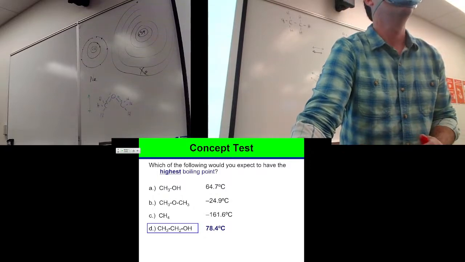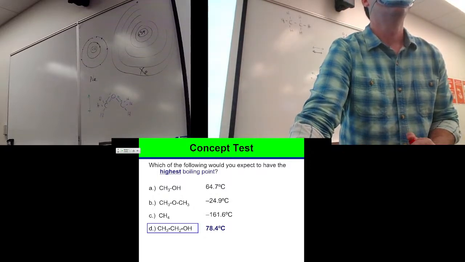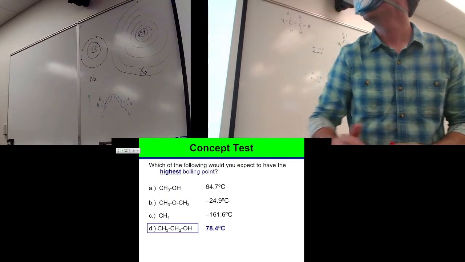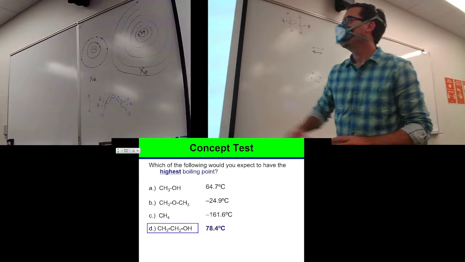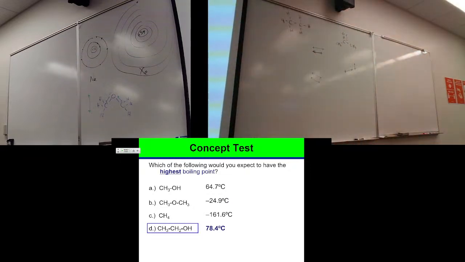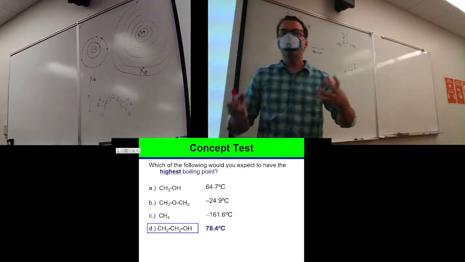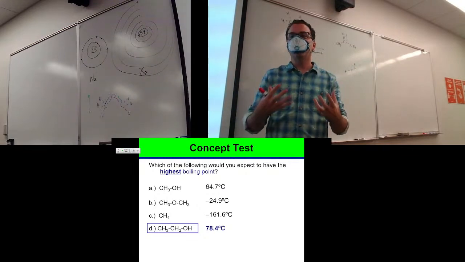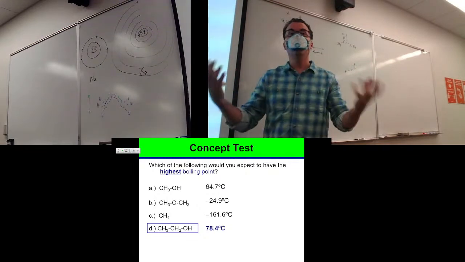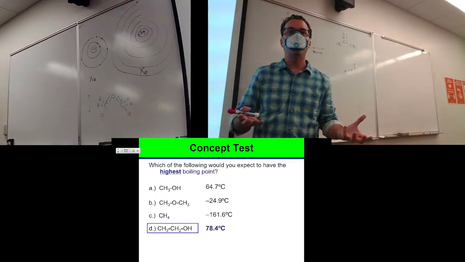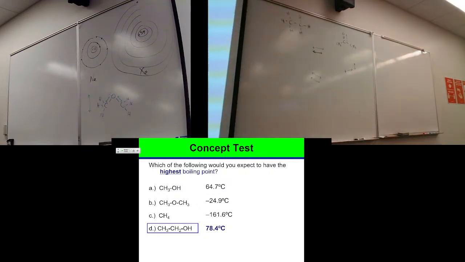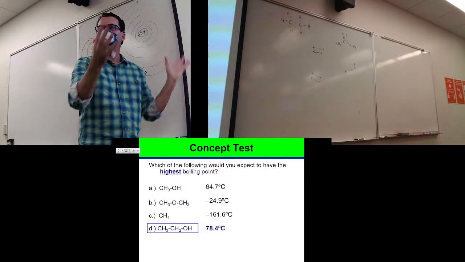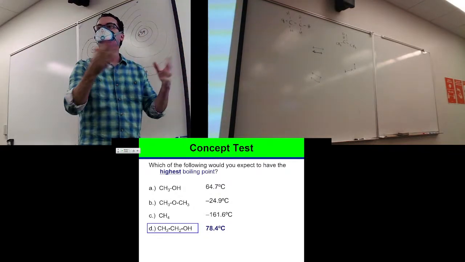Yes? Just wondering if the difference in boiling point there is due to molecular weight, because they're both doing hydrogen bonding, right? Oh, these two? Well, think of the molecular weight as a clue. Yeah, so the higher the molecular weight, the better. But it's really because the longer chain provides more spots to do other kinds of London dispersion forces.